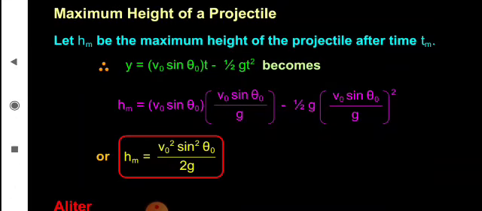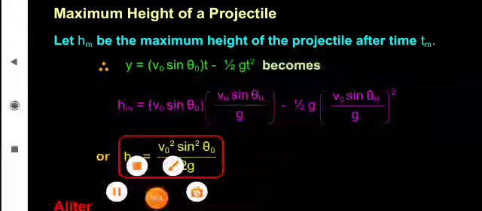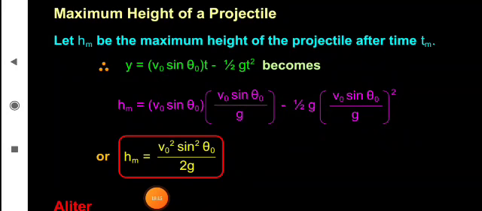So y is equal to V0 sin theta naught into t minus half g t square.